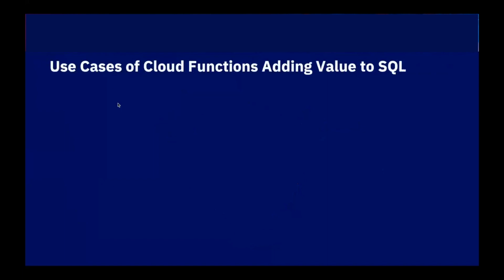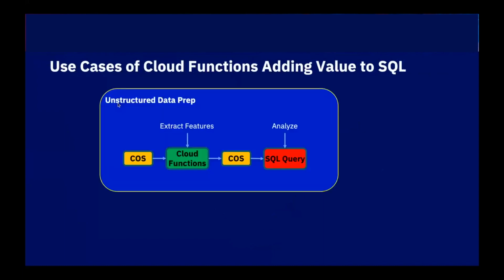Now, let's look at some use cases of how cloud functions really add clear value on top of already using a basic SQL query capability. One is, you can use it to get access to data that SQL Query cannot understand out of the box. What if you have data that is in a proprietary format?